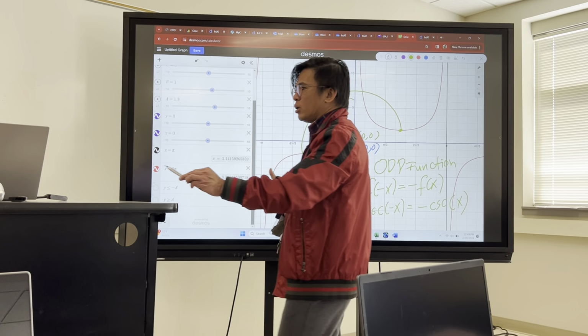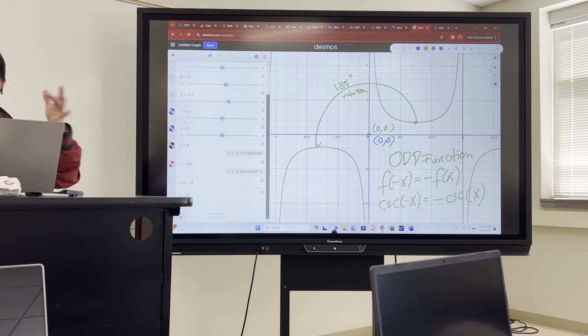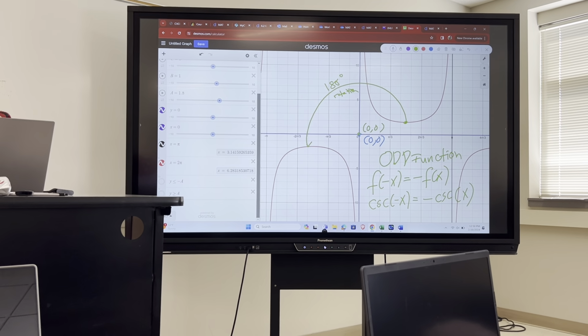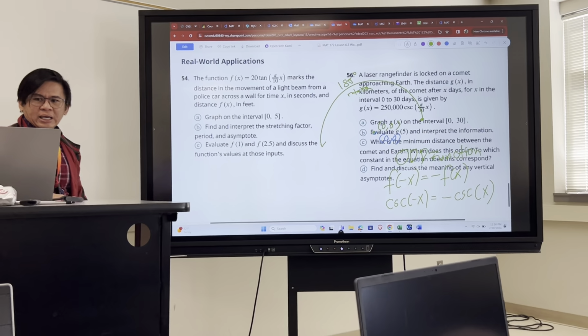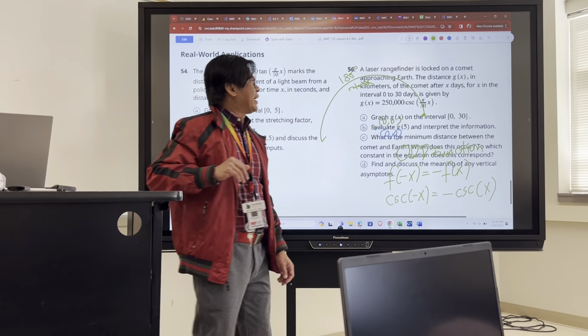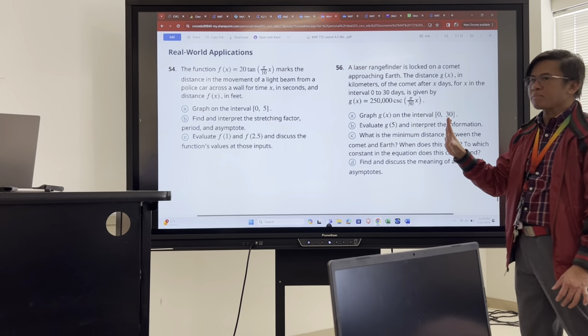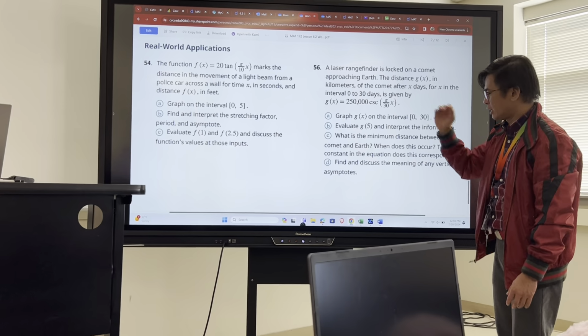Now, let's consider solving a problem regarding cosecant x. All right, are we good with this? Let's see this problem. Here it is: laser range finder. Let's read this one and analyze its key features. Colleen, let's go ahead, number 56.